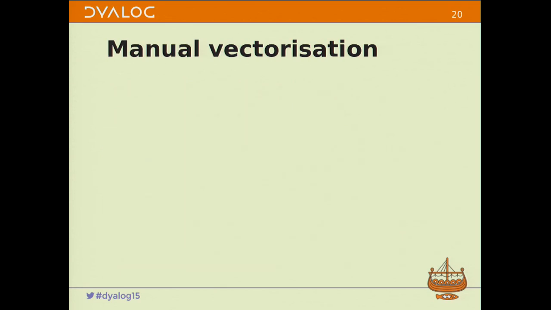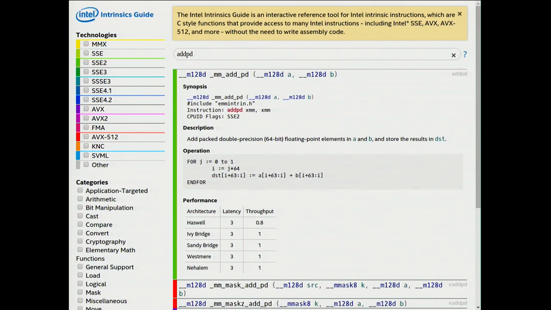The alternative, if the C compiler isn't smart enough to do it, is that you can write the C code yourself and be explicit about exactly what instruction you want to take advantage of. So this is a page of Intel documentation where they're saying the CPU has an instruction, this is add PD, add some doubles in parallel, and you can write C code that says please use that exact instruction, so you can tell it exactly what code you want generated.